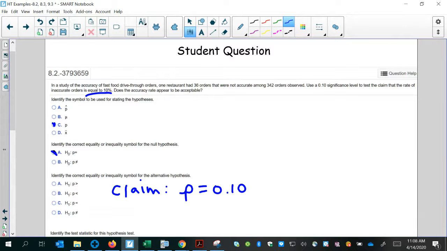If there's no equality in the claim, then the claim will be the alternative hypothesis. However, if there is equality in the claim, then it falls under the null hypothesis, and therefore the alternative hypothesis must be the complement of the claim. So what is the complement of the claim? Strictly not equal. So we'll choose option D.